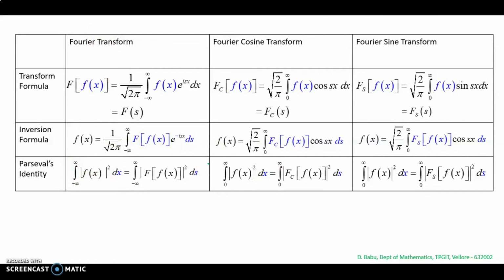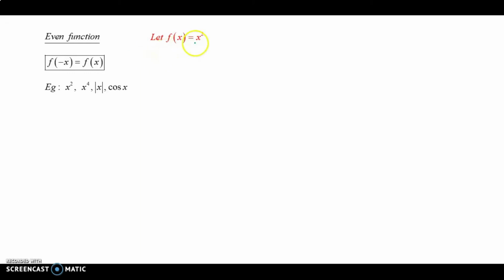Some preliminary results. First, even function. So what is an even function? A function f of x is said to be an even function if f of minus x equals f of x. Examples: x square, x power 4, mod x, cos x, etc. For example, let f of x equal x square, then replace x by minus x. So f of minus x equals minus x the whole square, which is equal to x square, which is the same as f of x.